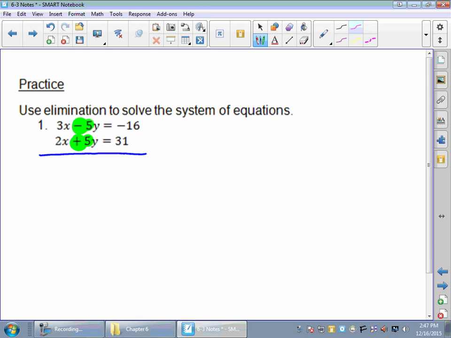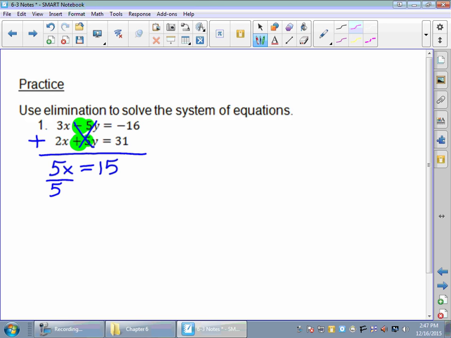I'm going to simply just add these two together. 3x plus 2x is 5x. A negative 5y and a positive 5y cancel. And then it equals negative 16 plus 31, which is 15. So notice that our x is remaining and our y value went away.